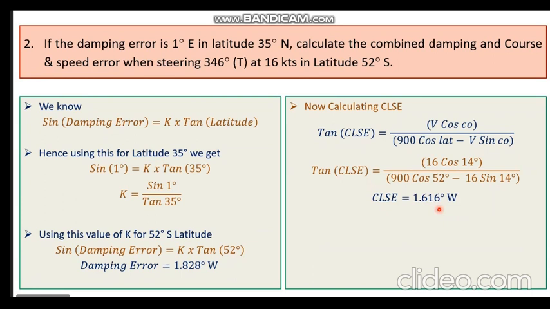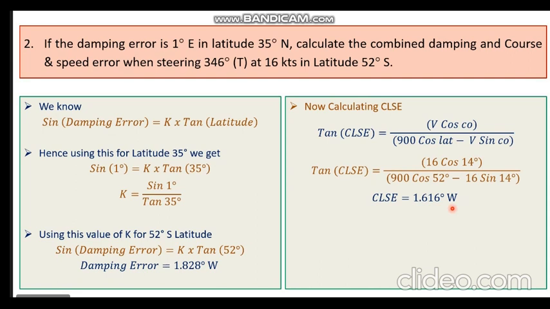Now to obtain the direction or the name of the CLSE or the steaming error, we are aware that the steaming error on northerly courses is always west. Whenever there is a northerly component in the course, that means the course is either northeast or northwest quadrant course. In that case, the error will always be west.